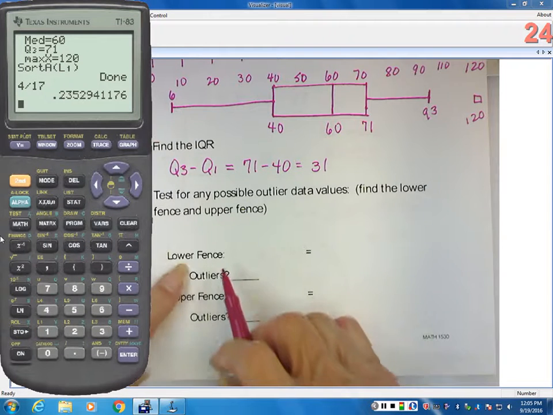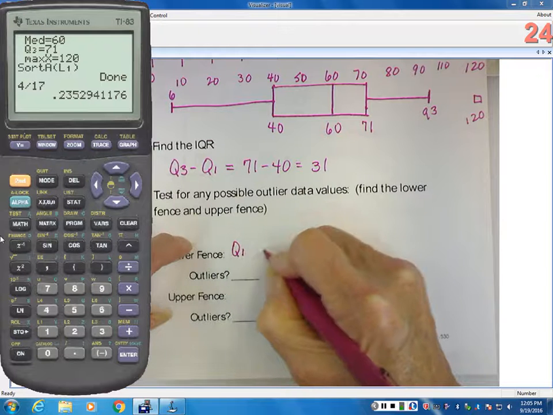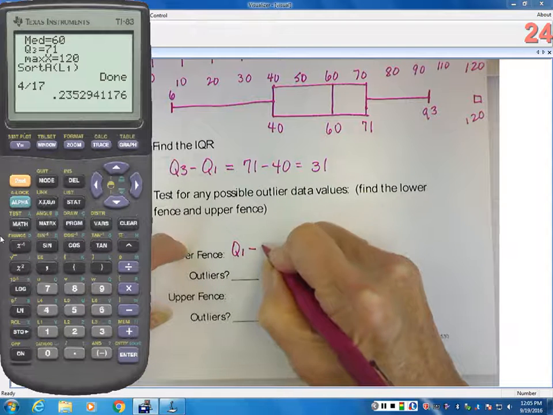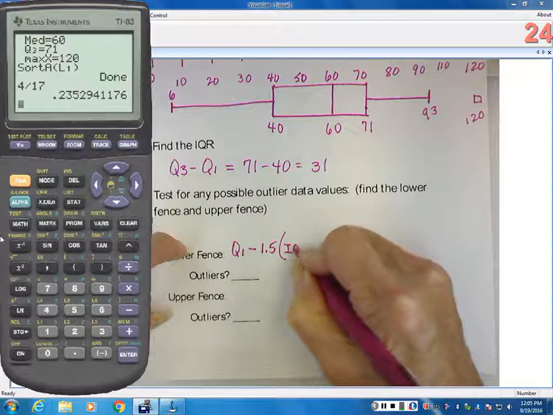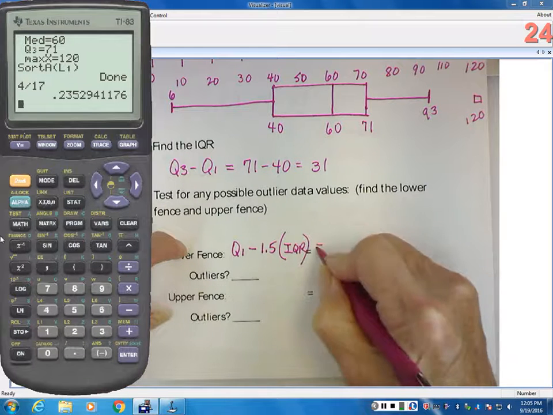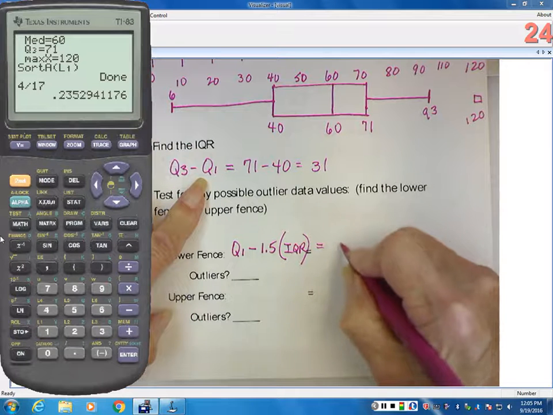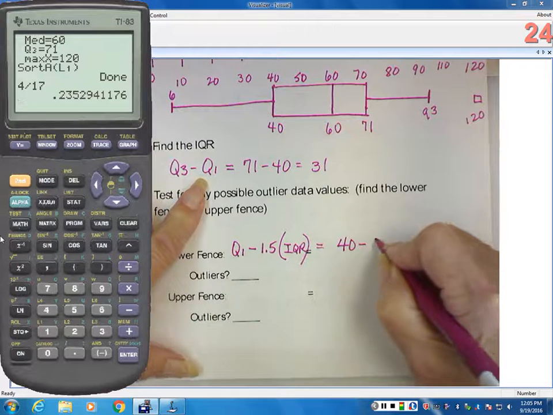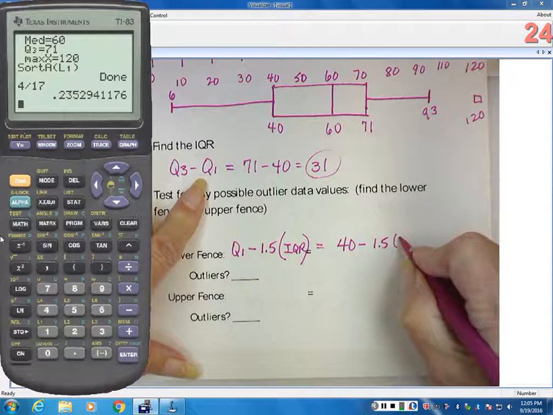So my lower fence is actually my first quartile minus 1.5 times the interquartile range. So my first quartile is 40 minus 1.5 times the interquartile range, which is 31.